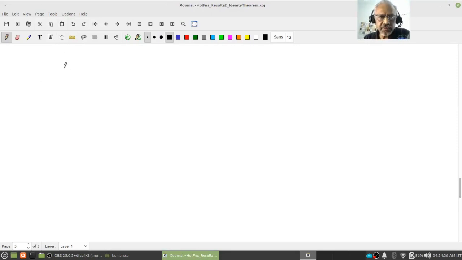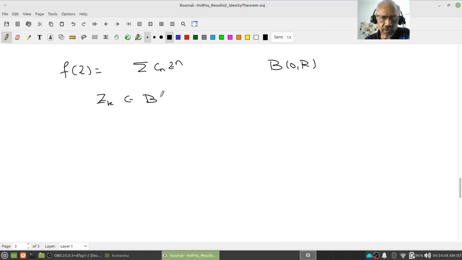So let us assume f(z) is the summation of Cn z^n, and the disk of convergence is B(0,R). Let us assume there exists a sequence zk in B(0,R) such that zk is different from 0 and zk converges to 0.